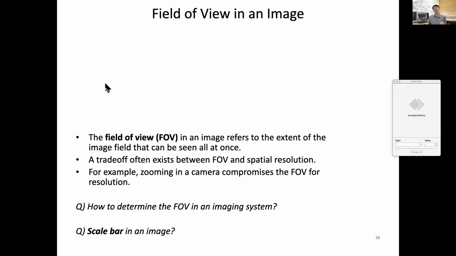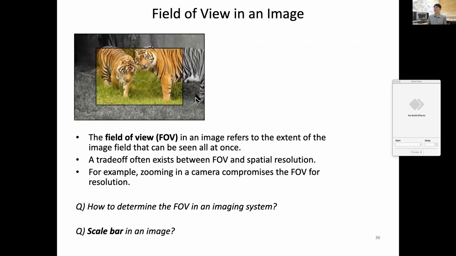Now I want to describe another very important concept for an image: field of view. Those who are using images for your research should know the concept of field of view. It's very easy. You have this object with what is called a big field of view, and this is a small field of view.